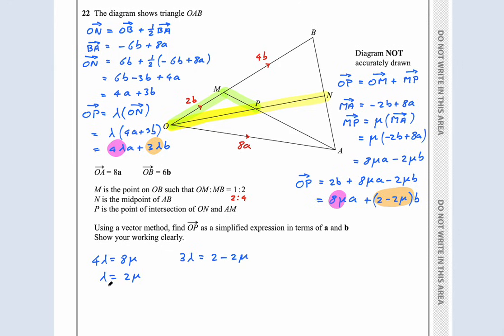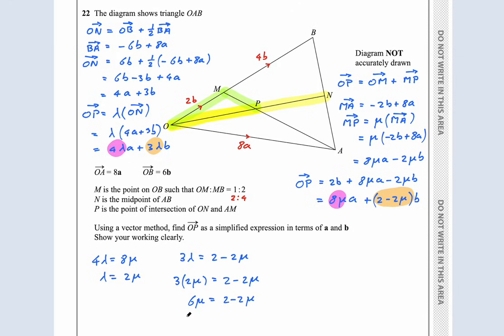Now we know lambda is 2 mu, so let's swap lambda for 2 mu, which gives me 6 mu. That's 6 mu equals 2 minus 2 mu.